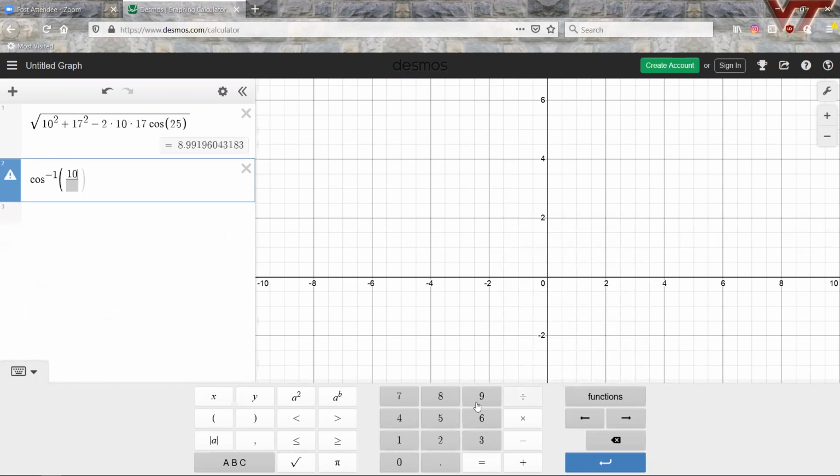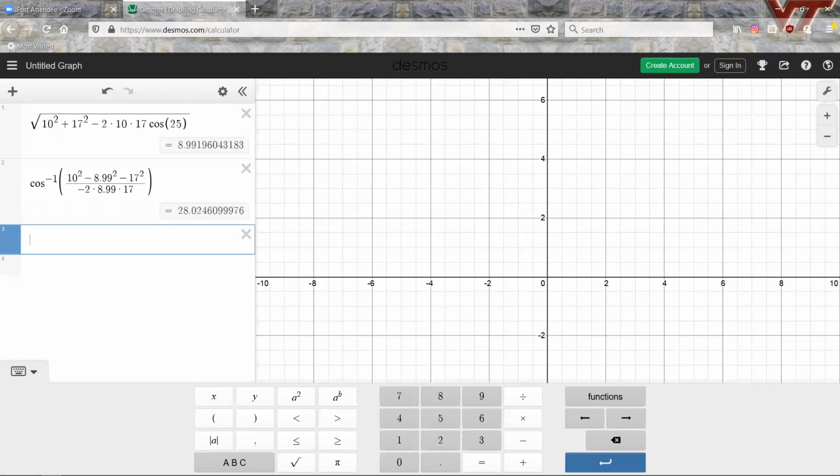And we've got 10 squared minus 8.99 squared minus 17 squared, all divided by negative 2 times 8.99 times 17. And again, I'm already in degrees, I already checked that, so that's why my answer is going to be 28.02.